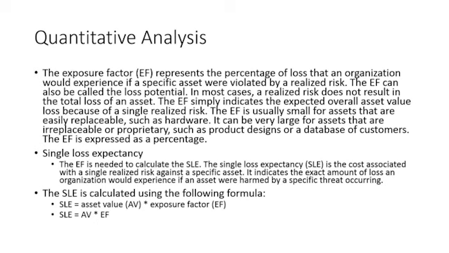Now, this indicates the exact amount of loss an organization would experience if that particular asset were harmed by a specific threat taking advantage of, say, a vulnerability, one of those weaknesses that we talked about. So the SLE is calculated using this formula right here: AV times EF, or asset value times the exposure factor, again, which is a percentage.